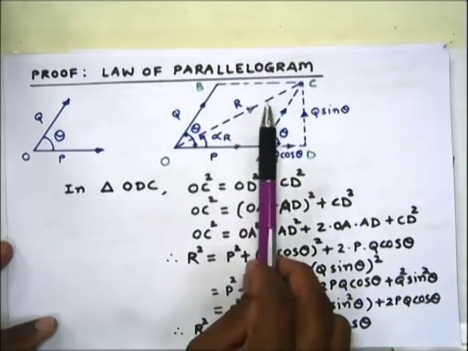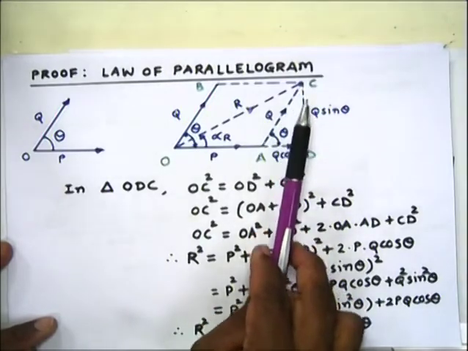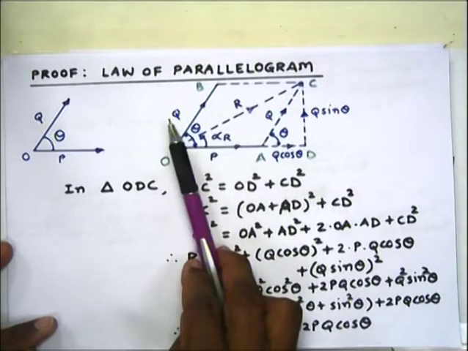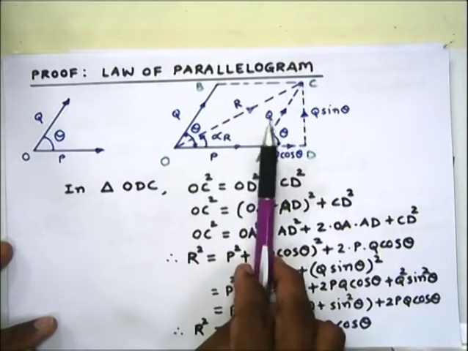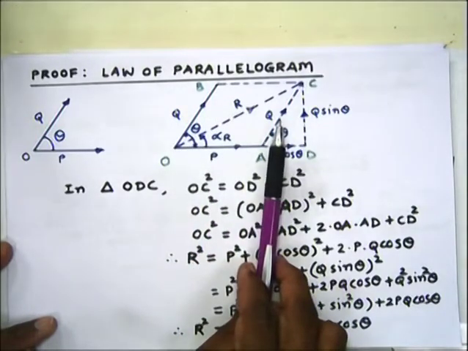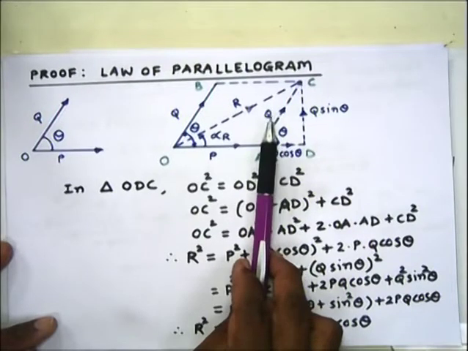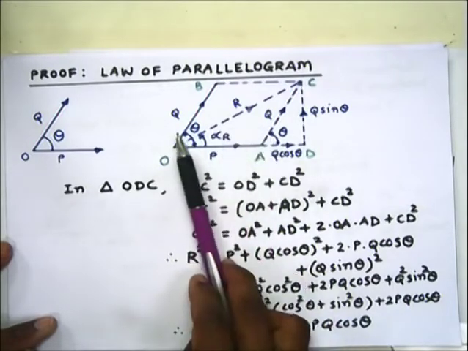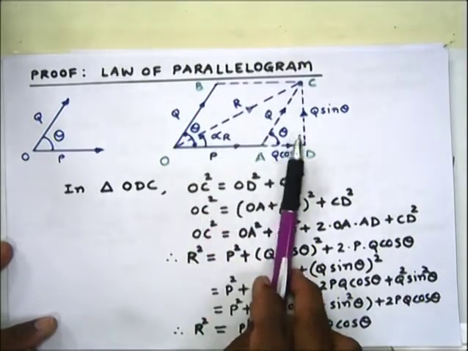If you draw projections from this point C, then it will be this line and this line, which, as I mentioned earlier, as per the characteristics of a parallelogram, is equal. So it is Q, and its direction is also the same. Whatever this angle theta is here, it is again the same here, theta.